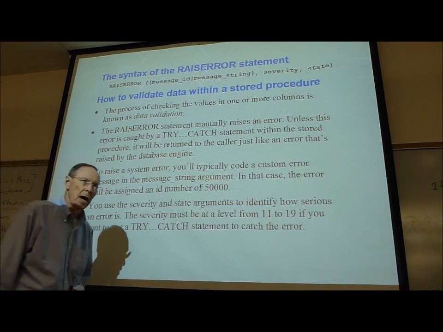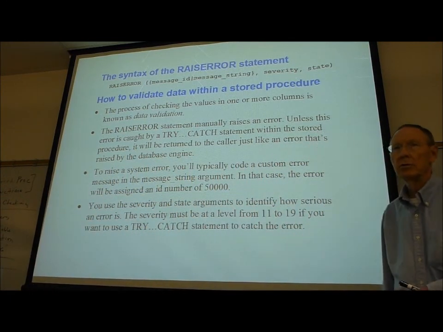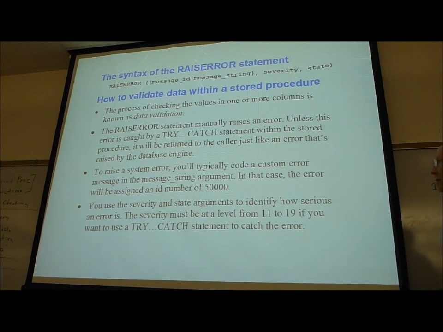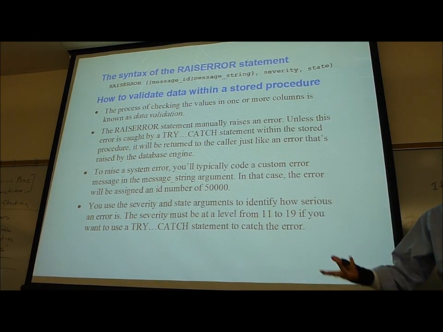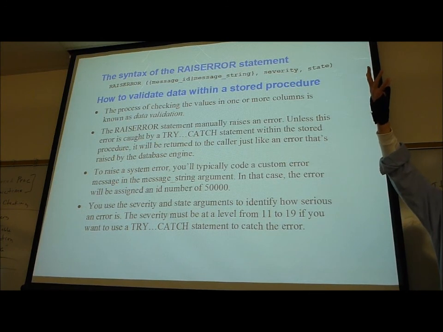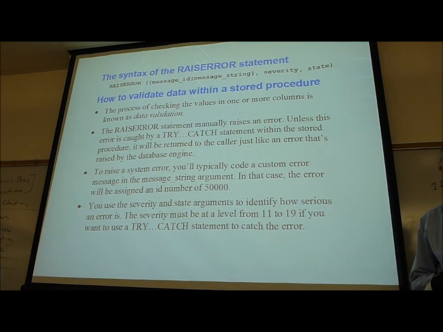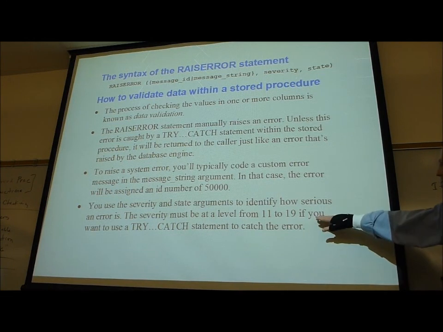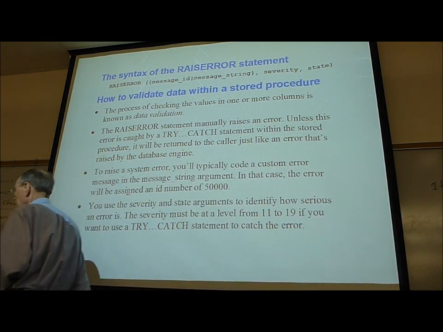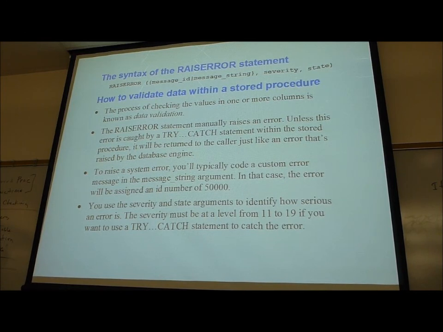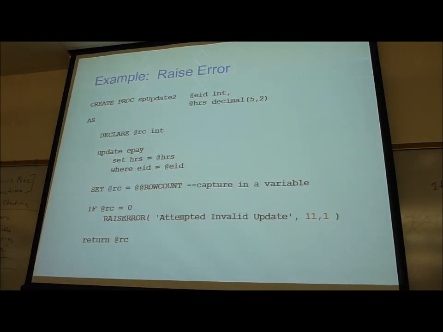Those are only for actual system type errors, and we're not producing that. We're using this as a way of saying we have something that happened inside our stored procedure, and we can't handle it. So we'll allow it to return to the calling environment, the calling script. What's required is that you put a severity level in there, and the 1 is the lowest level for the state. 11 and 1, that's as low as it gets, and it doesn't do anything other than let you compile.